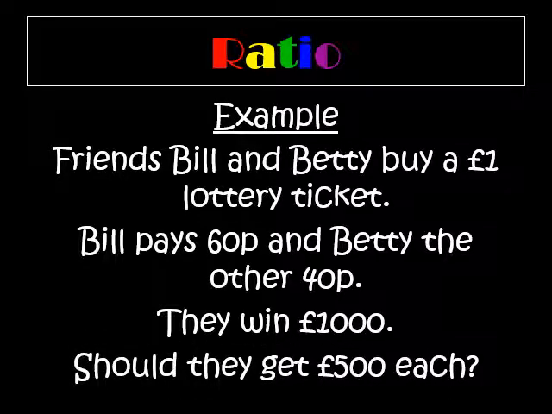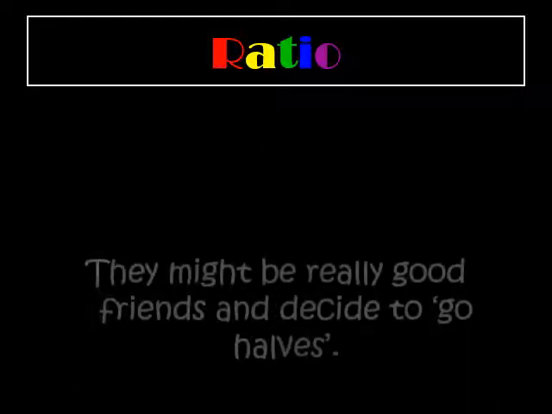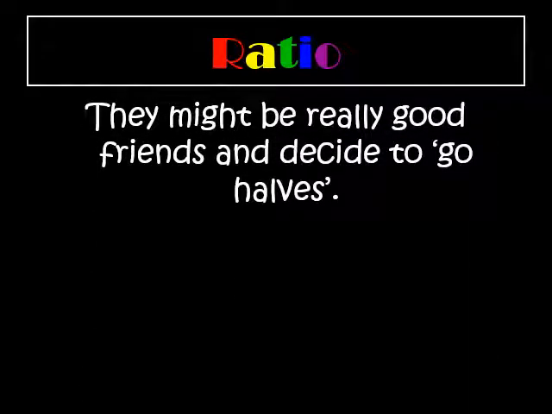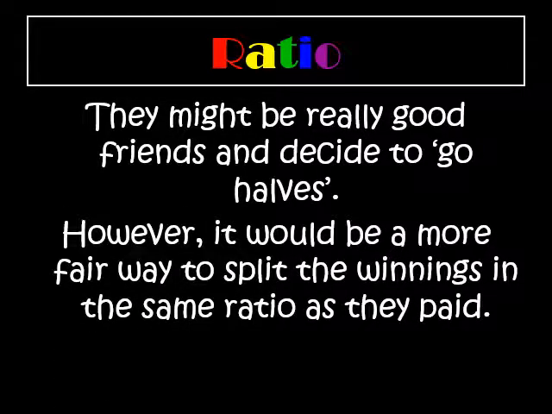Should they get £500 each? What do you say? They might be really good friends and decide to go halves. But that's not a fair deal. However, it would be a more fair way to split the winnings in the same ratio as they paid.